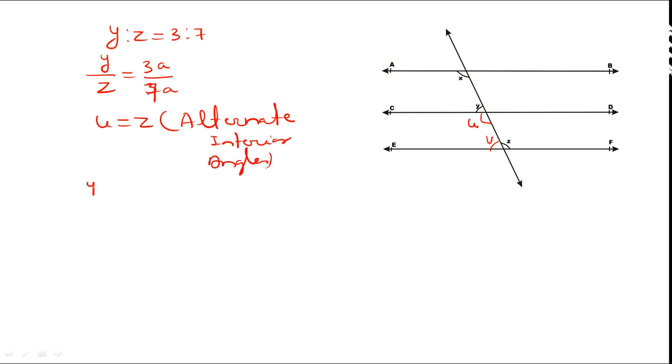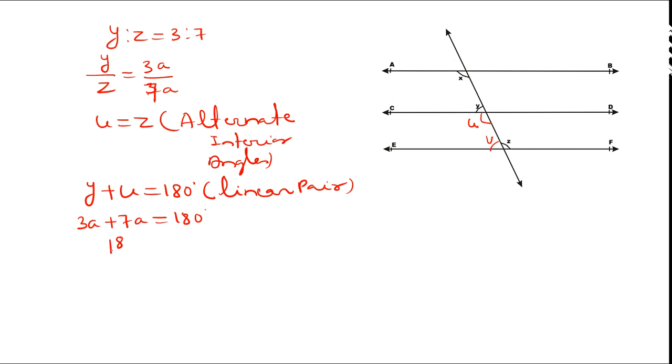Again, y plus u is equal to 180 degrees. What is the reason? Y and u are formed on the same line, so this is a linear pair. We have taken y is equal to 3a and u is equal to 7a, that is equal to z, so 10a is equal to 180 degrees.